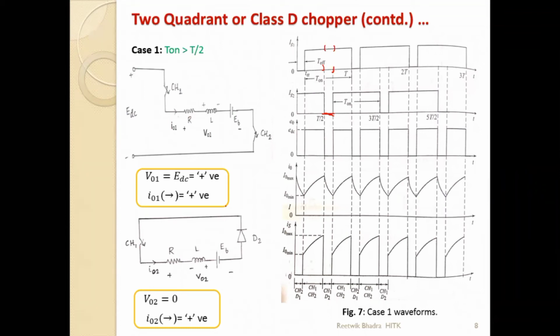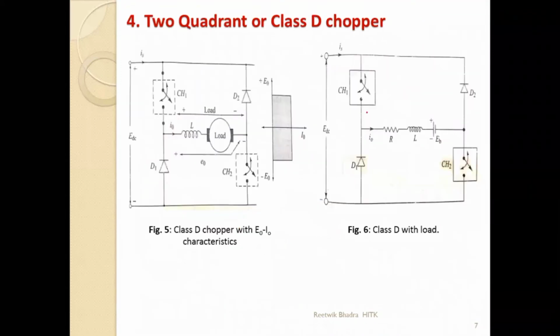Now which acts as my source? My inductor now acts as my source. It will drive the current through this load RLEB and some path of the circuit. In this figure, CH1 is on, this load is there. Since the inductor current direction will not change, it will flow in this direction.